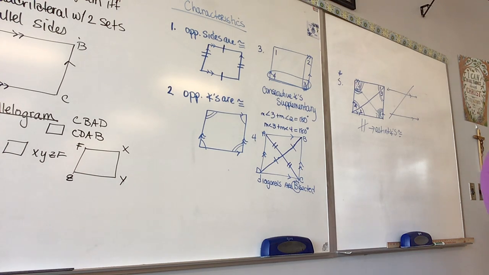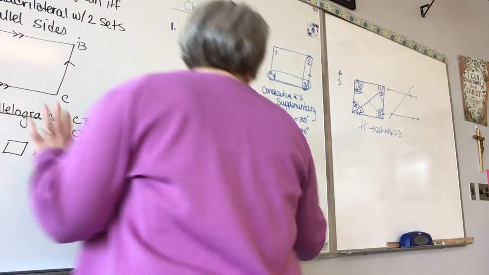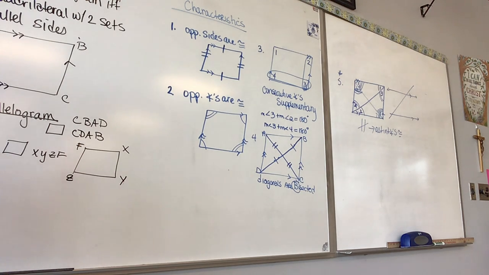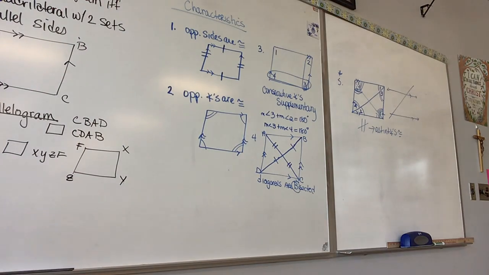All right, you ready to look at some problems, what we're going to do with it? How many characteristics technically? 4. I'm going to add one more later when we get to it, but I think we're good with these 4, right? Maybe the 5th? Okay, so let's look at some problems and see how you do.